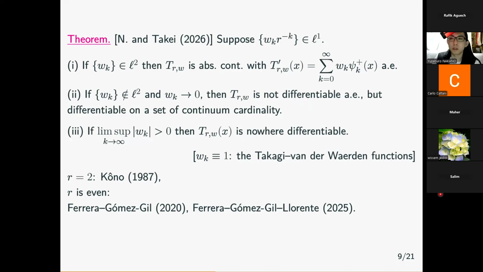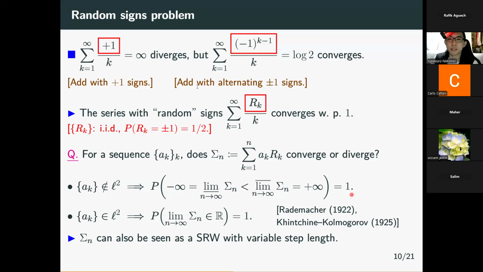And first, we consider the independent case. We consider the harmonic series. The harmonic series diverges, but with alternating signs, this series converges to log 2. And we also consider the series with random signs, the sum over k of Rk over k. This random harmonic series converges with probability 1, where Rk is a Rademacher sequence.